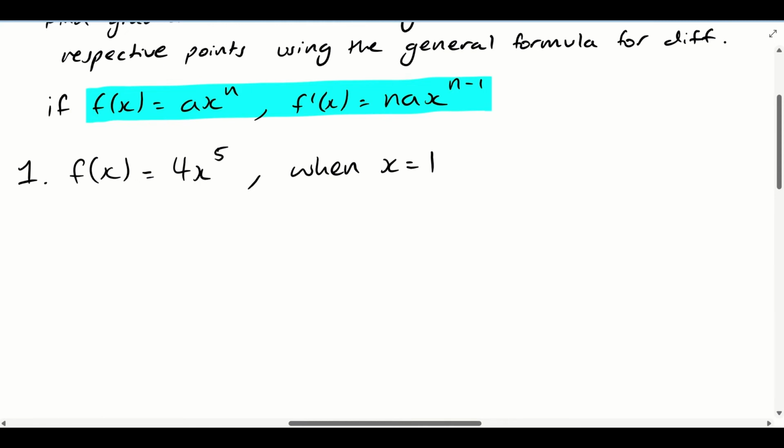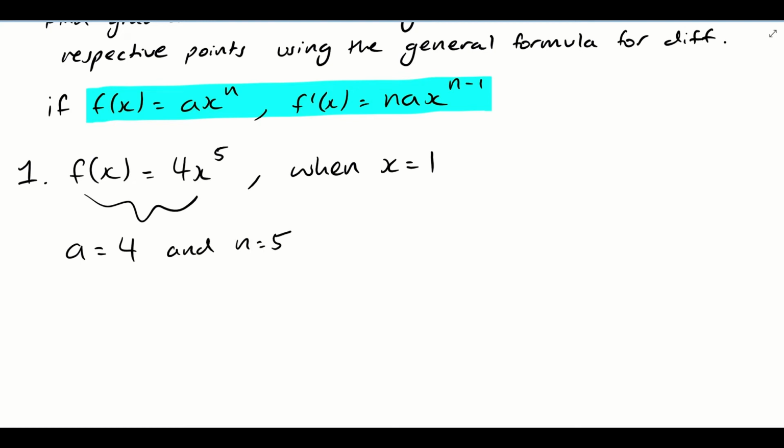Well, from this formula, f of x being 4x to the 5, a in this case is going to be 4, and n is equal to 5. So we say that the derivative of f of x is going to be n times a, which is 4 times 5, so 20, 20x to the power of n minus 1. So 5 minus 1 is 4, 20x to the power of 4.